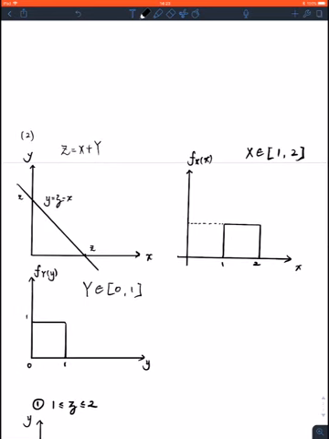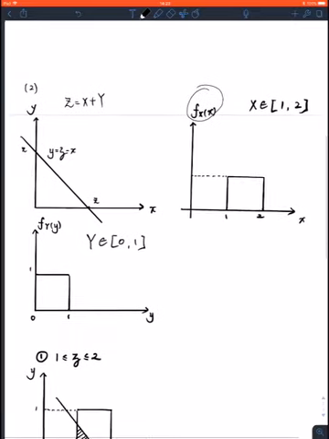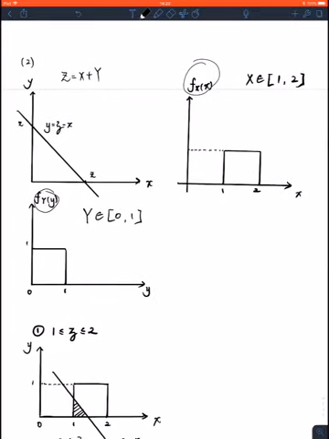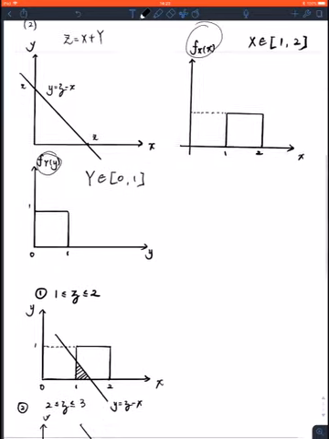Then we already know the density function of X, f_X, and we know that X is ranging from 1 to 2. And we also know that f_Y(y) equals u(y) minus u(y-1). So we can also draw the picture of the density function of Y, and Y should be ranging from 0 to 1.